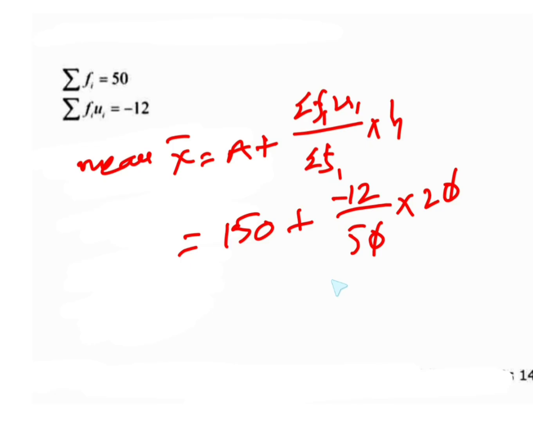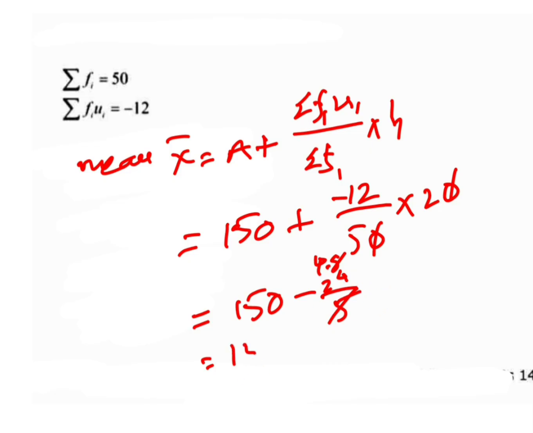Here the zeros cancelled, so it is 150 minus 12 into 2, 24 by 5. 5 4s are 20, and 5 8s are 40, so 4.8.